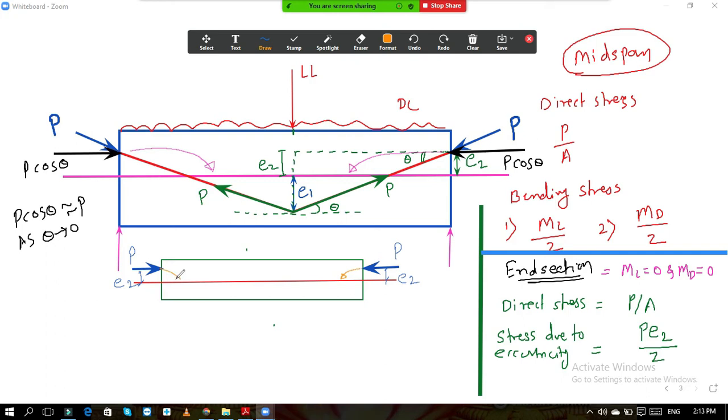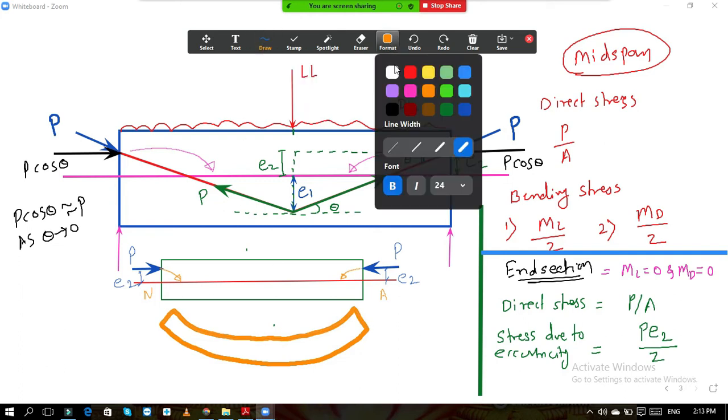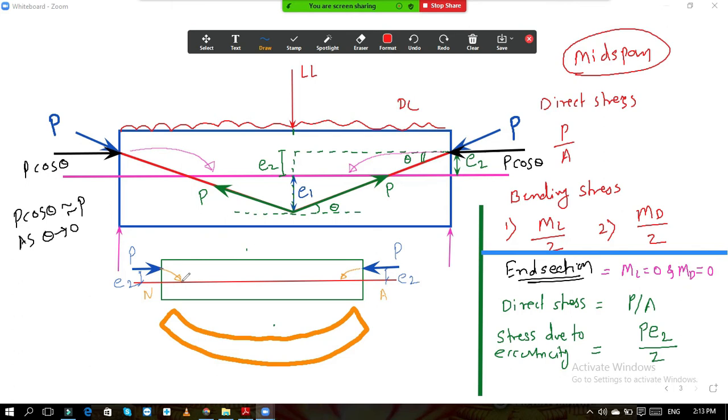It will try to bend the neutral axis downward. So what will be the profile now? Due to this bend, your neutral axis will bend in this way. This is the direction of bending of the neutral axis. That is the beam. And here, if I draw the line of the neutral axis, it will be like this.